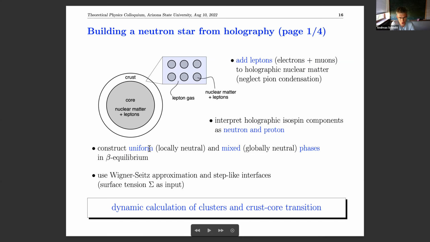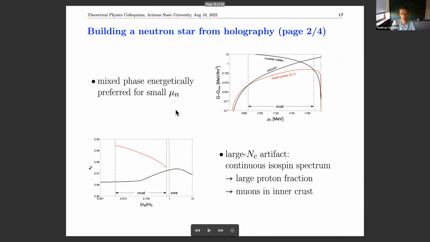So I said this, we construct the locally neutral matter for the core and the globally neutral matter in the crust. And we use a Wigner-Seitz cell approximation for this, and step-like interfaces, as I said, for this mixed phase. But nevertheless, once we've done this, it's all purely dynamical, how large the crust is, how big the clusters are as a function of density as I'm going along the profile of the star and so on. Okay, so what do we find?